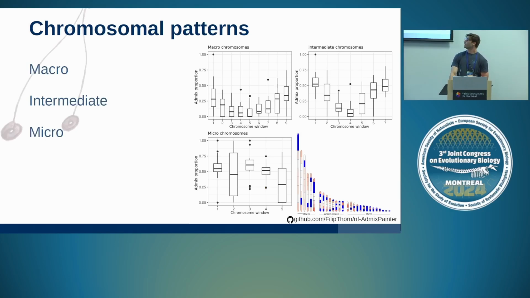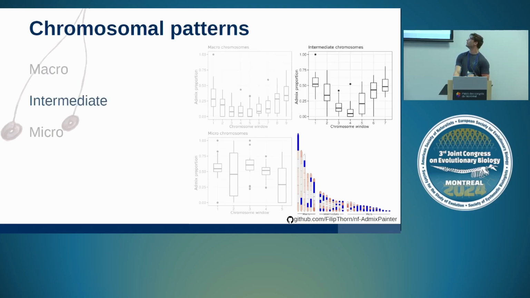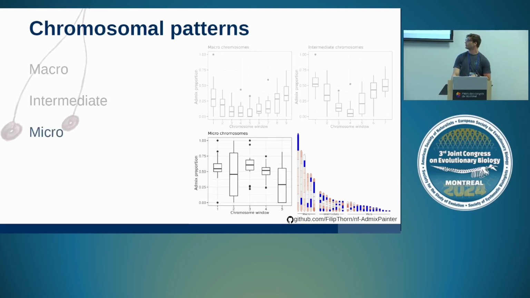When we look at that, for the macrochromosomes, which are chromosomes larger than 40 megabase pairs, we see that towards the ends we increase in introgression rate, which we also see in the intermediate chromosomes. But in the microchromosomes, we don't really see any pattern. It's kind of uniform, which is also what you expect from recombination patterns in birds based on zebra finch. We have a lot more recombination towards the ends of large chromosomes, and then you have uniform recombination rates on the microchromosomes.